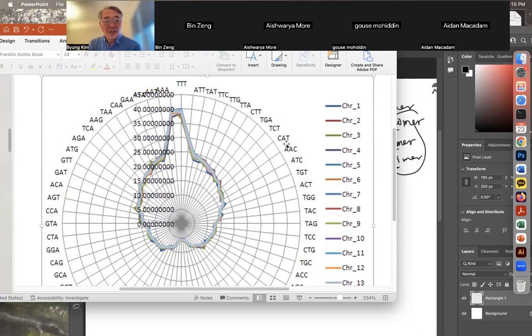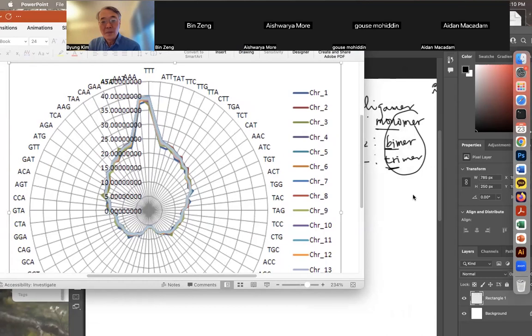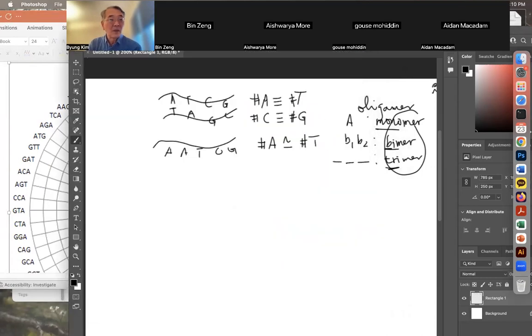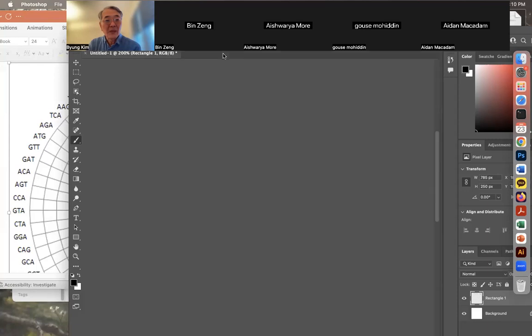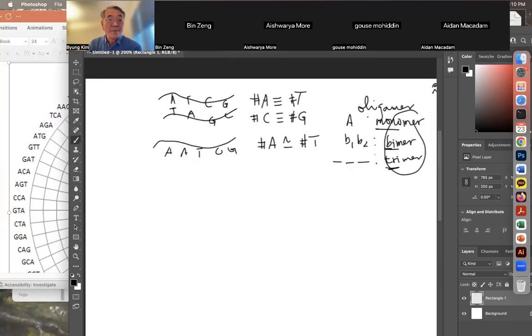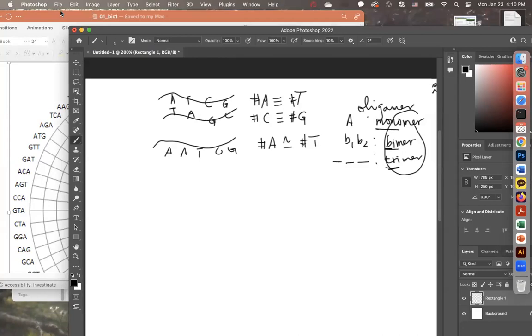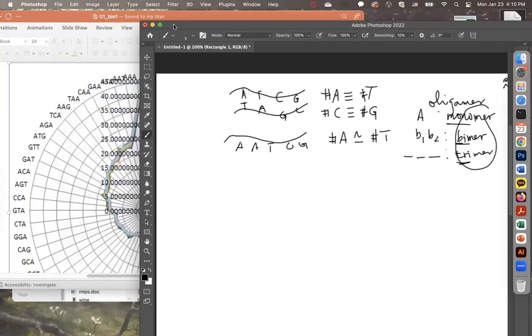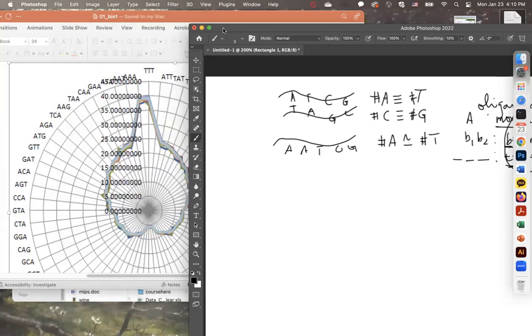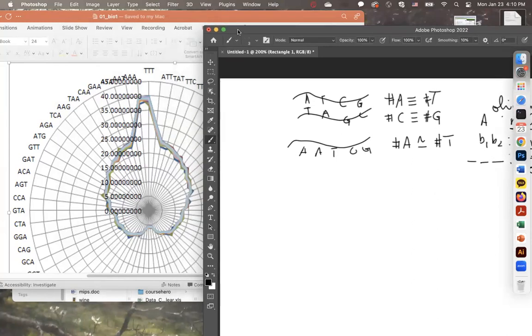If you take the relationship between the mirror images, let's see, in this example, I picked TTC, right?